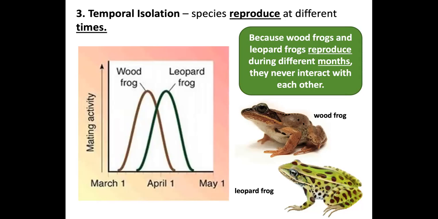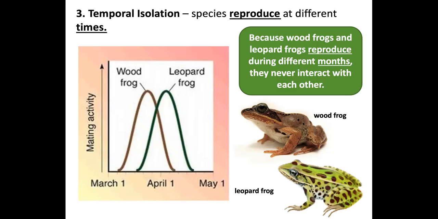And then the leopard frog reproduces from mid-March to May. So because they reproduce during different months, different times of the year, they're technically going to never interact with one another. So therefore, we're going to have speciation.